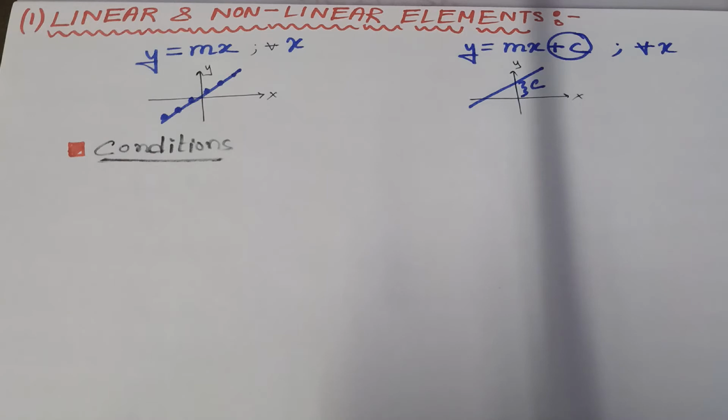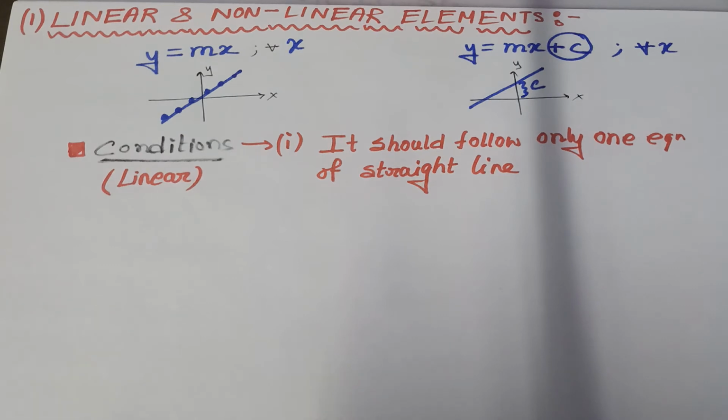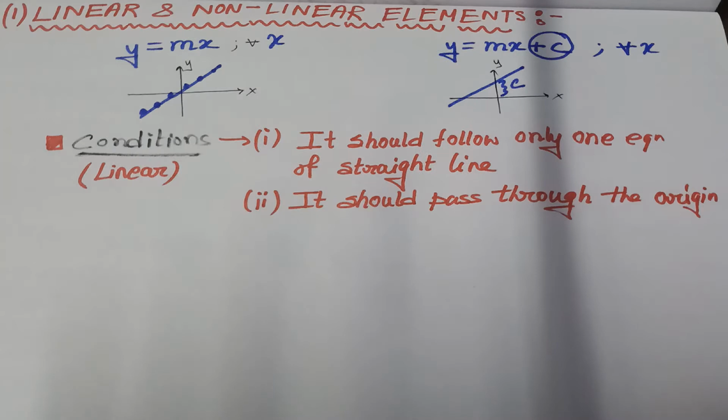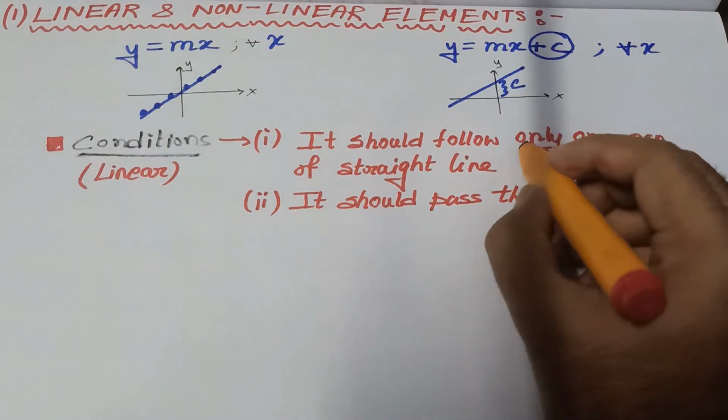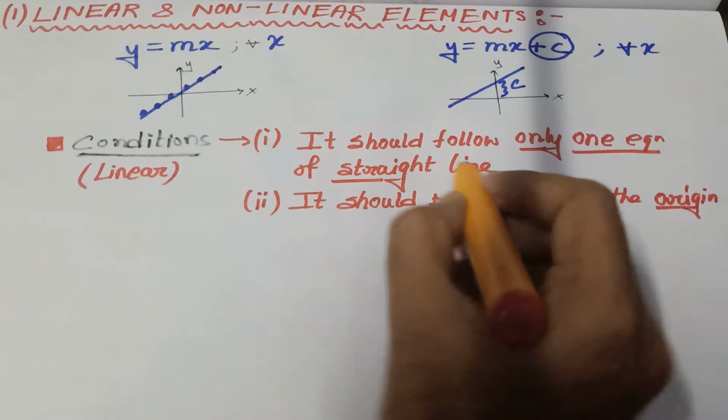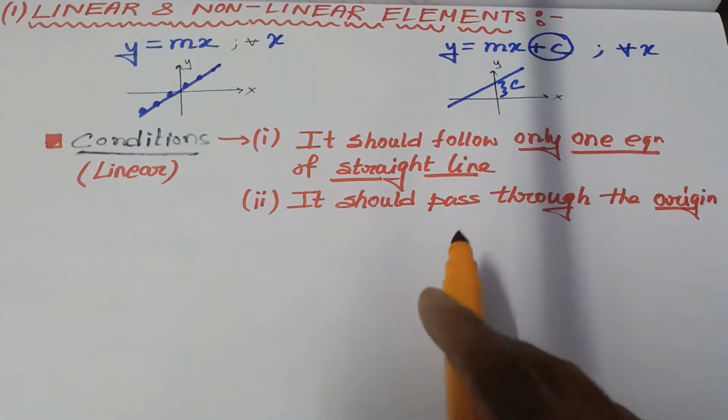Now write down the conditions for an element to be linear. Conditions of linearity. The first condition is it should follow only one equation of a straight line. Underline this, only one equation of a straight line. Condition 2 is it should pass through the origin.